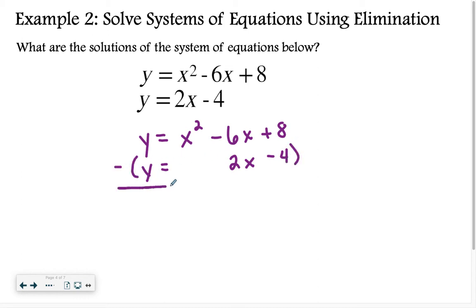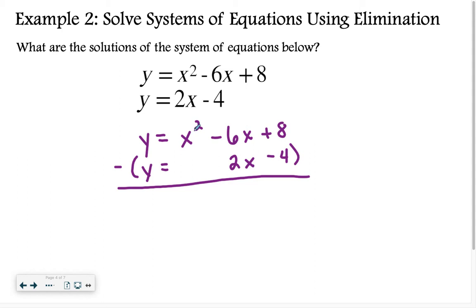And then what I'm going to do is subtract these two equations because I want my y's to go away. I want those to become 0. I'm always going to subtract the two equations, and I'm always personally going to subtract the linear equation from the quadratic.